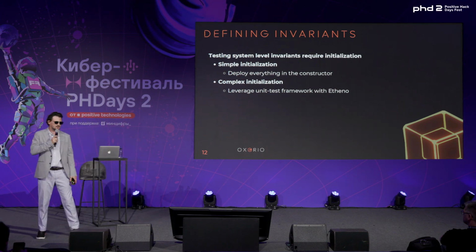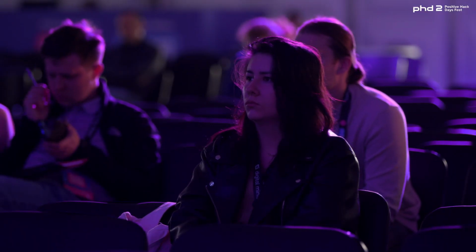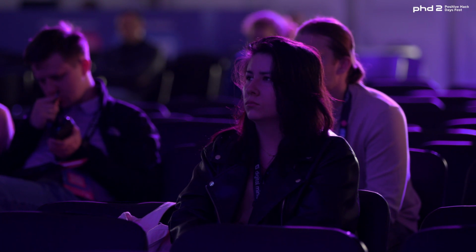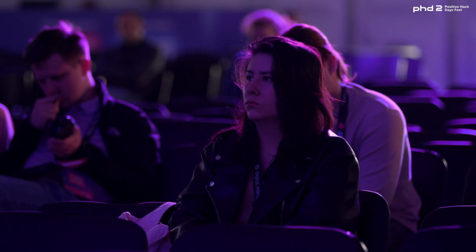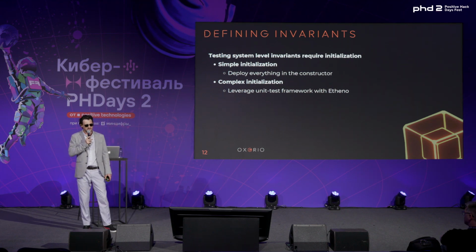For big-scale protocols, Echidna performs a very powerful optimization when we do the unit tests and the scripts that deploy the entire system. We can reuse these scripts, we can deploy the protocol in Etheno and get a JSON file with all of the transactions.